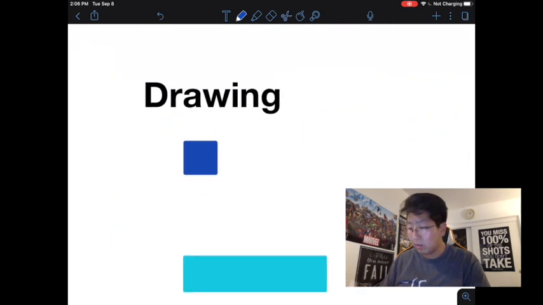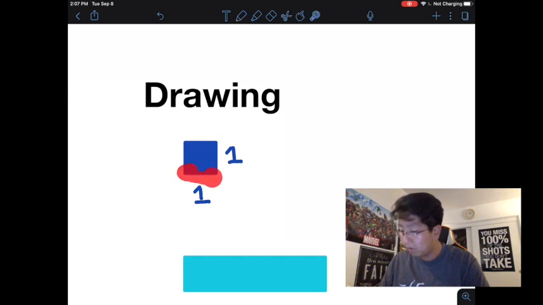I'm going to zoom in, and I'm going to tell you that the distance here is 1, and this here is 1. I'm going to erase the little curved lines and say that this is a 1 by 1. If the distance here is 1 and the distance here is 1, we can find the area of that tile.